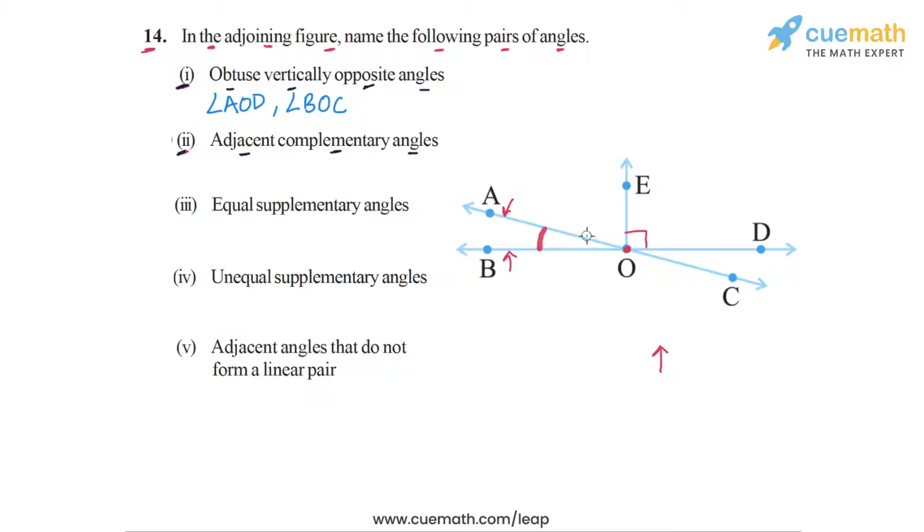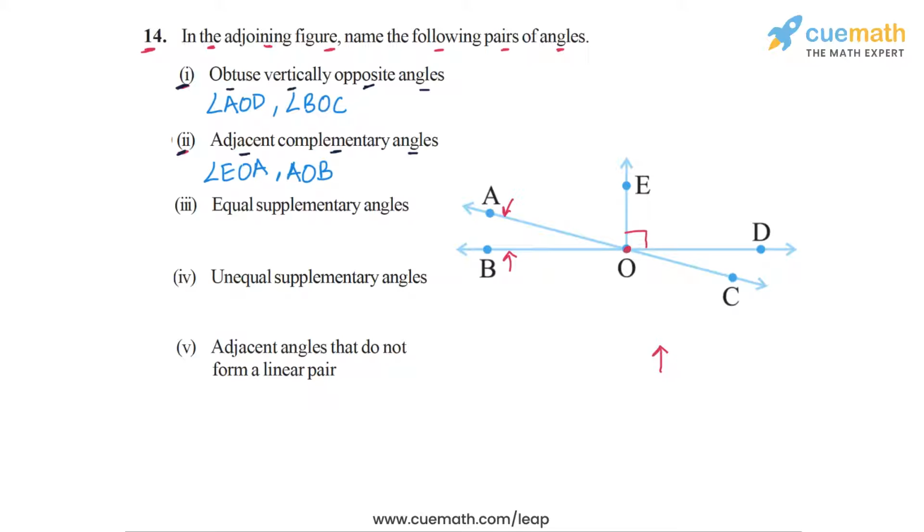If we take this angle and this angle, these two angles have to sum to 90 degrees because the whole angle BOE is equal to 90 degrees, since OE is perpendicular to BOD, as we observed at the beginning of this question. So two adjacent complementary angles in this figure are angle AOE, or we can write it as angle EOA, and angle AOB. This is the answer for part 2.